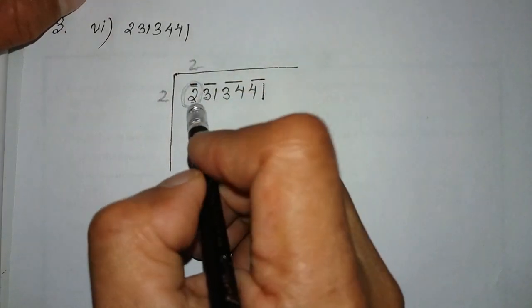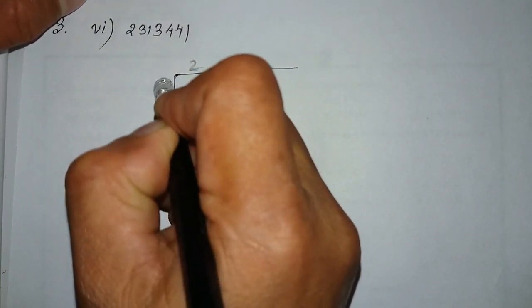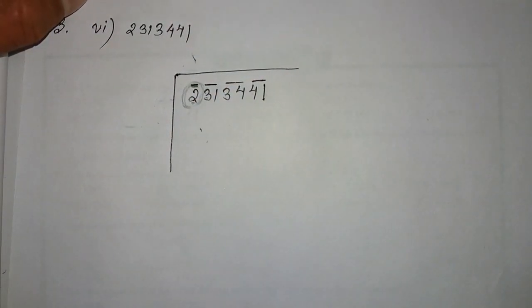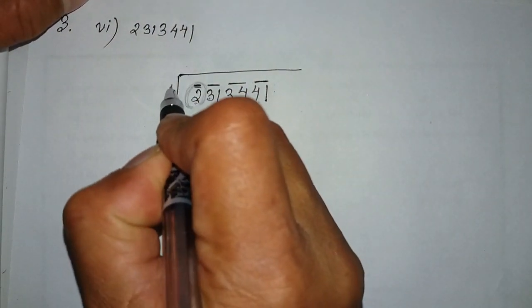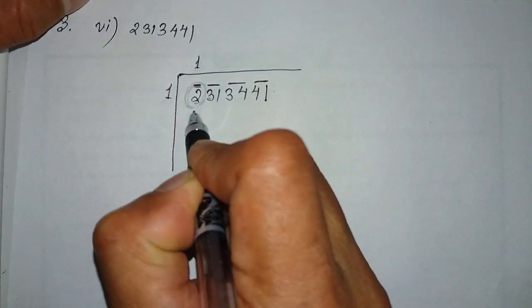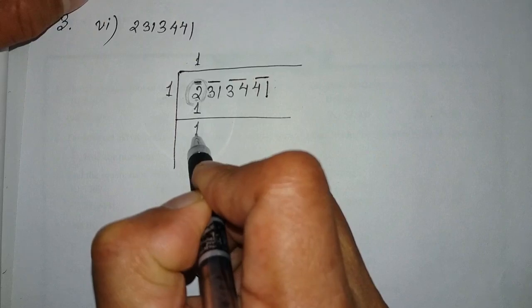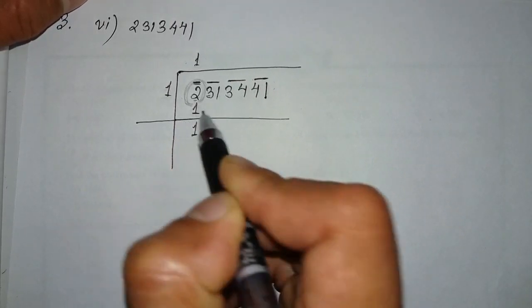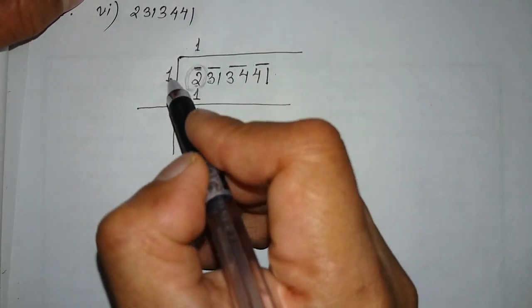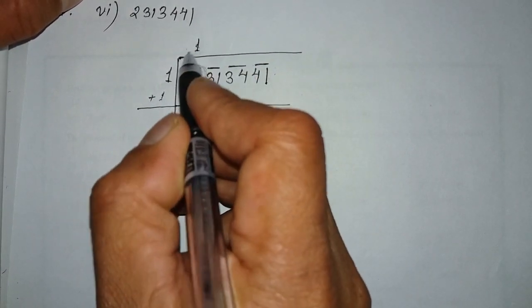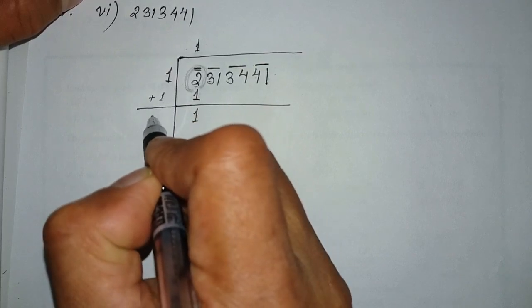So it has to be 1. So 1 1s are 1. So 2 minus 1 is 1. Next we will add this 1. So 1 plus 1 is 2.